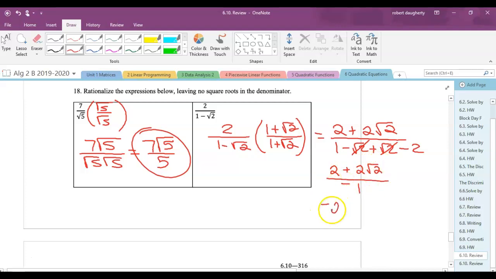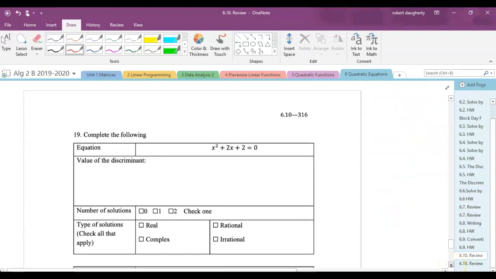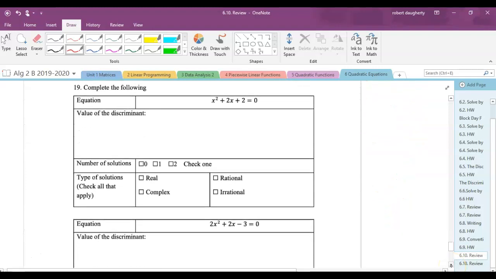So that's -2 minus 2 root 2. And then we'll see a couple more things here.